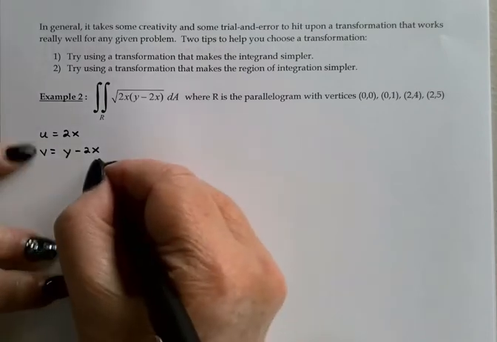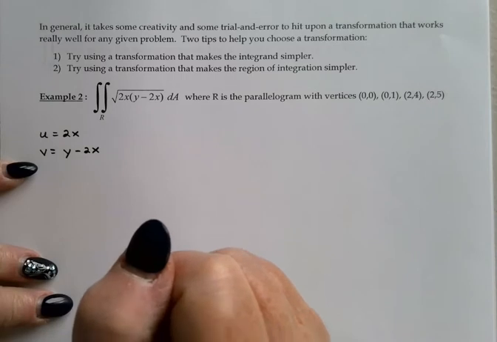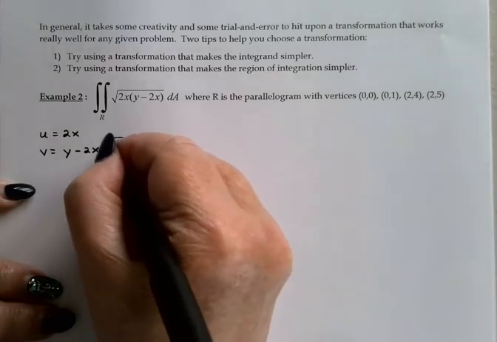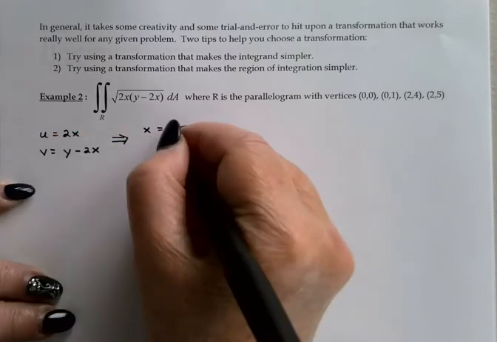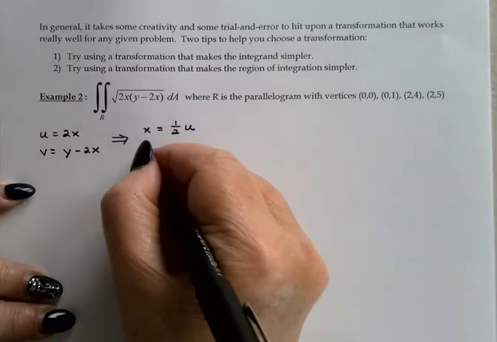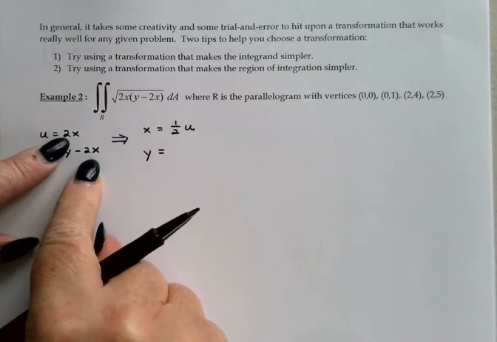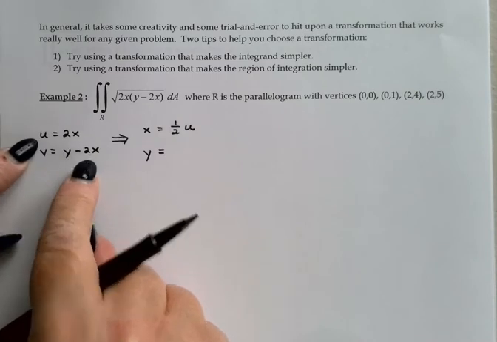Because I chose for the u and the v, I'm going to have to solve for the x and the y before I can do my Jacobian. So let's do that. Solving for x is pretty straightforward. X is just going to be 1/2 u. And since I can substitute u in for the 2x here, v is going to be y minus u.